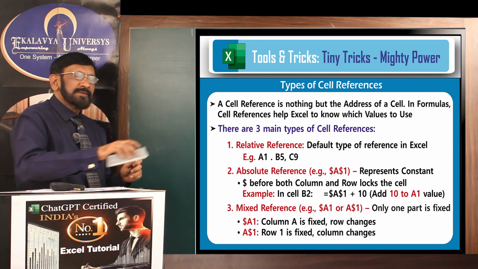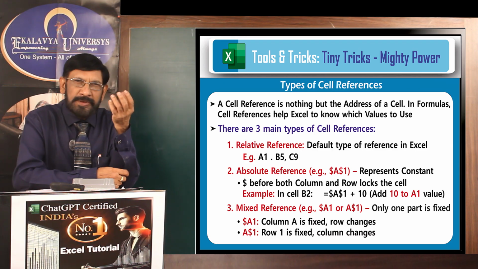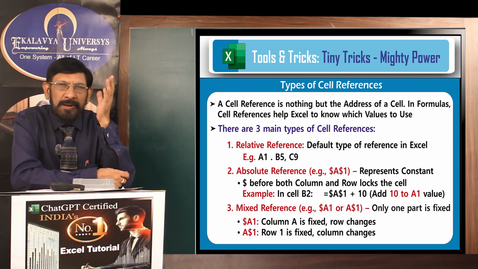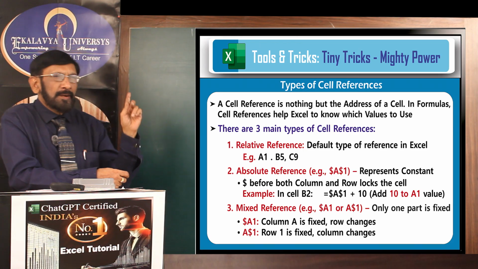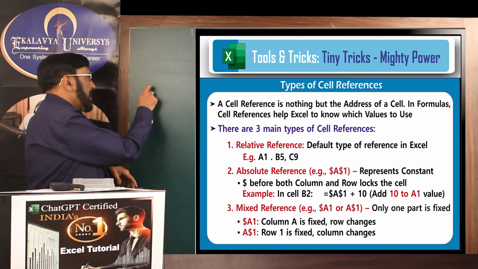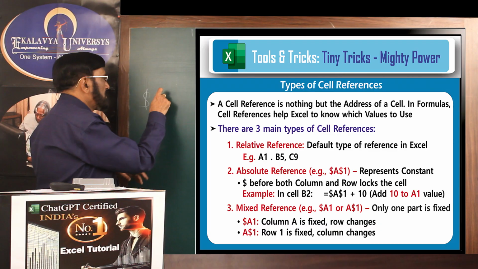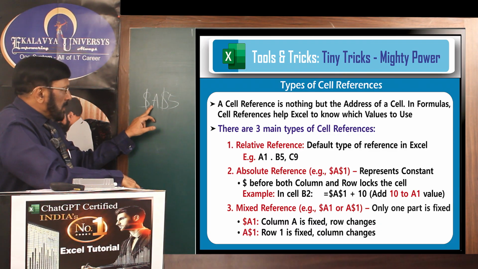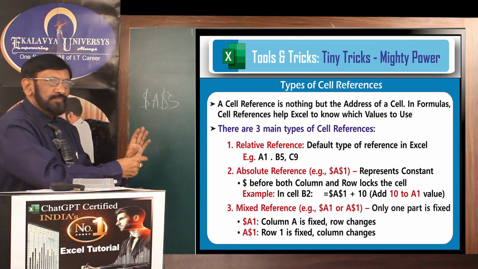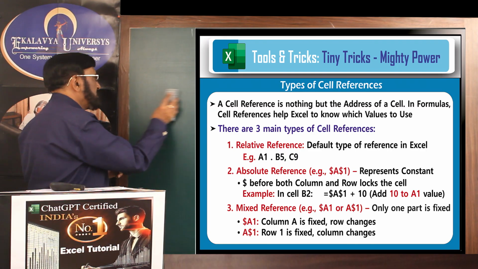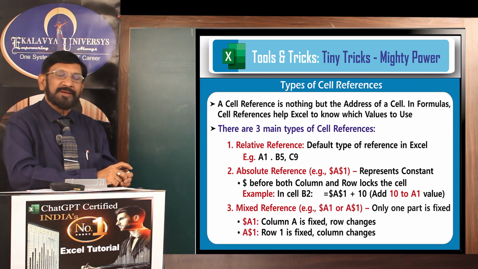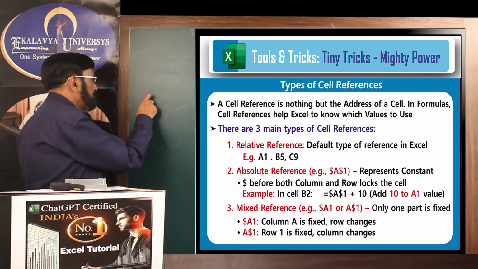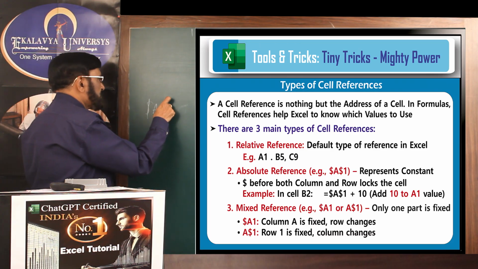But in other cases, wherever we have to use a constant for all the items, we have to declare it as absolute, like this. We are locking the column and locking the row. This is the code. In some cases, mixed references are required. Mixed reference means, for example, $A5.